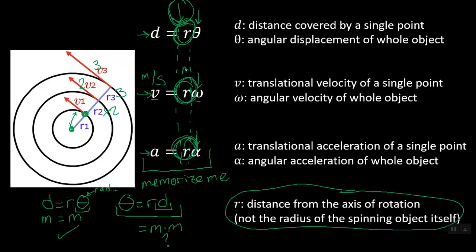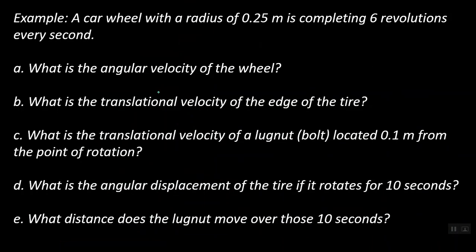Radius is going to be in meters, and then your angular velocity is going to be in radians per second. So here is how you get meters per second on either side of that equal sign. But I would just take some time to memorize these three equations. They are quite useful.